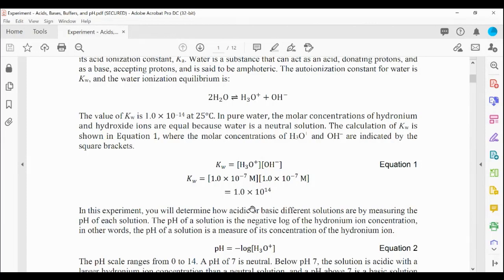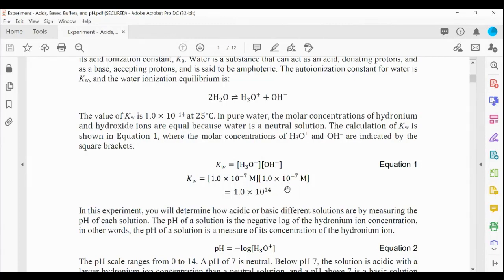I cannot write here because I'm sharing an application. But this should be 1.0 times 10 to the minus 14. We will go over it later when we do practice problems. This is just the first reading of the write-up.